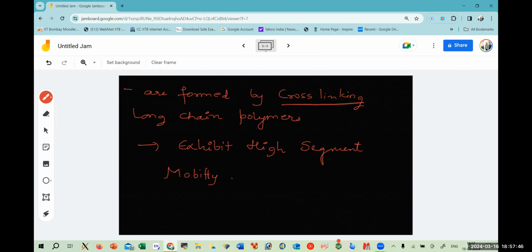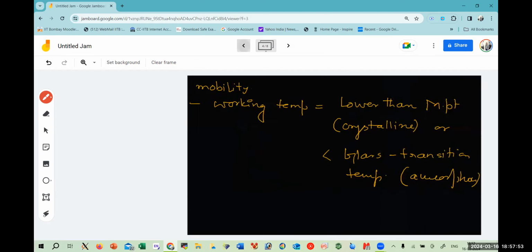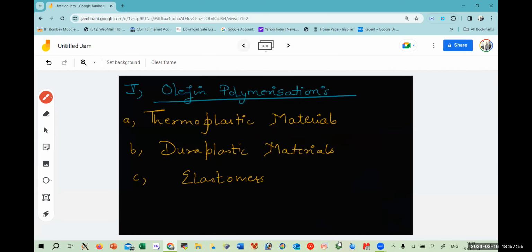So these are the differences in the different materials formed from olefin polymerization: thermoplastic, duraplastic, elastomers.